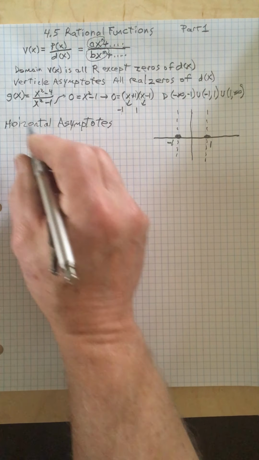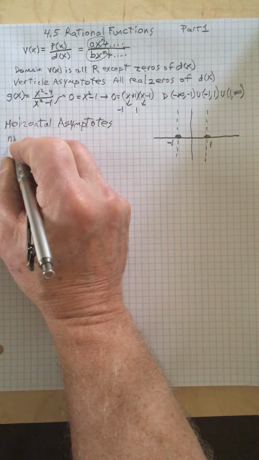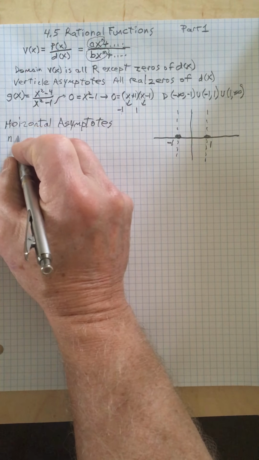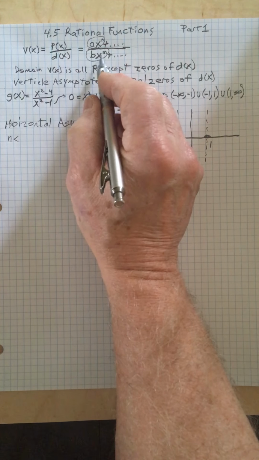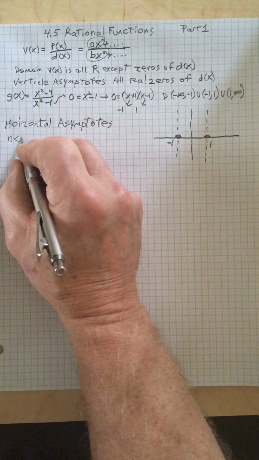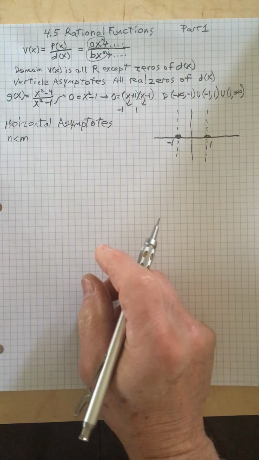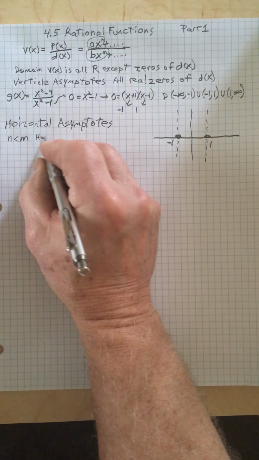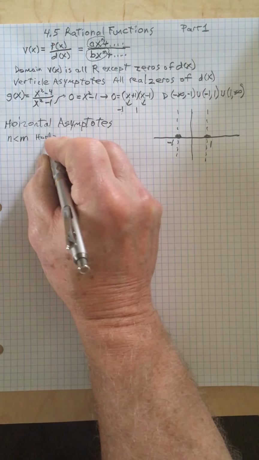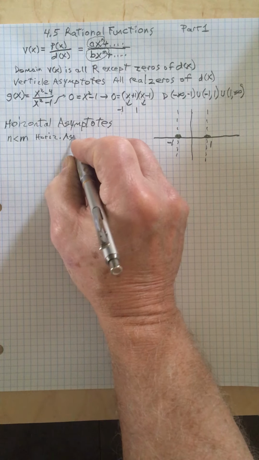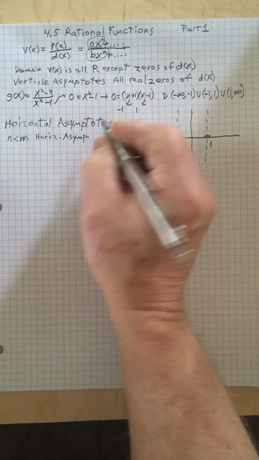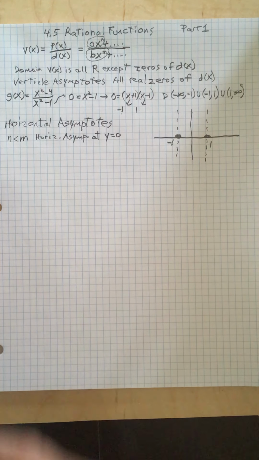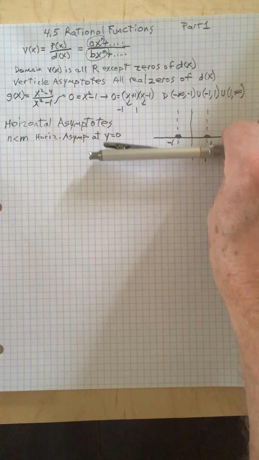So here's a couple of rules. If the degree in the numerator, leading term, is less than the degree of the leading term in the denominator, then we have a horizontal asymptote at y equals 0. And what is y equals 0? That's the x-axis.